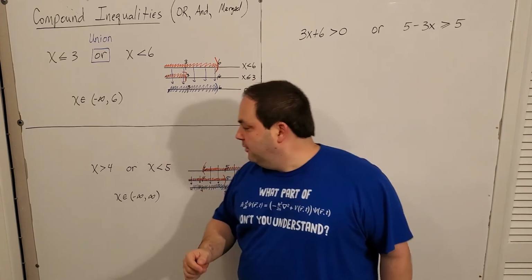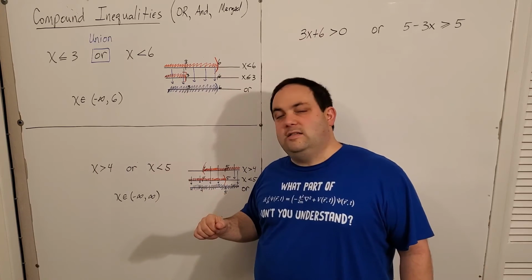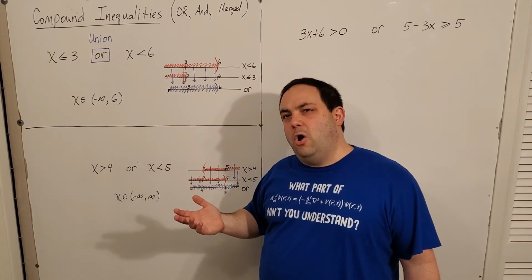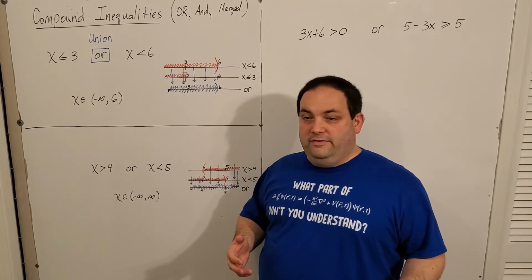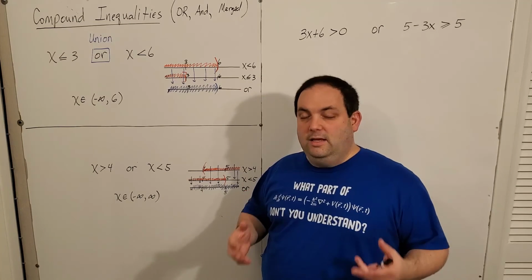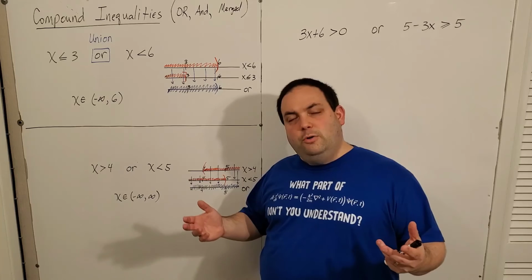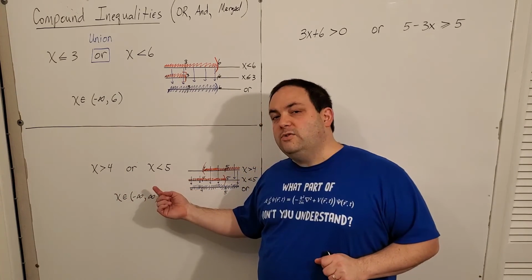Okay, let's try another example. x is greater than 4, or x is less than 5. Well, if you think about what numbers are either bigger than 4 or less than 5, if you really think hard about it, you'd be like, well, I could practically pick any number. In fact, I could pick any number, and it would be true in either this one or this one.